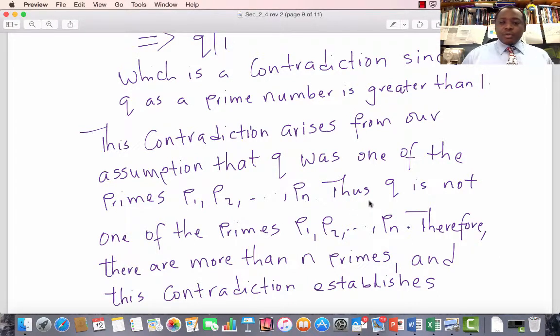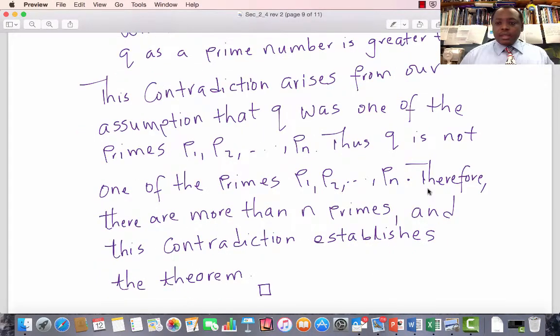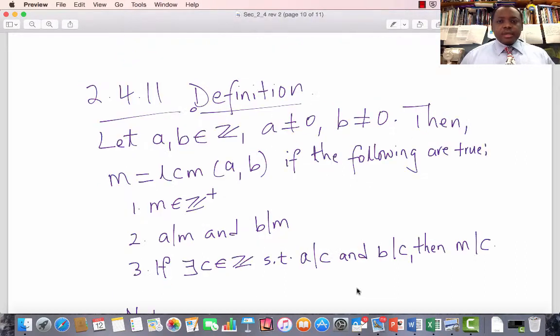Therefore, we can conclude that q is not one of the primes P1 up to Pn, and this proves our claim. Therefore, there are more than n primes, and this contradiction establishes the theorem. And we are done. There are infinitely many primes.